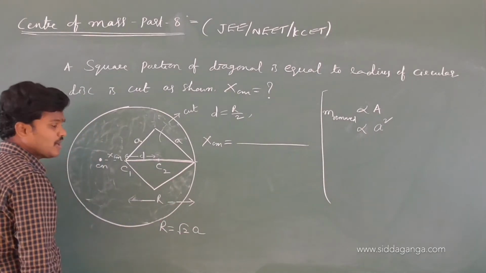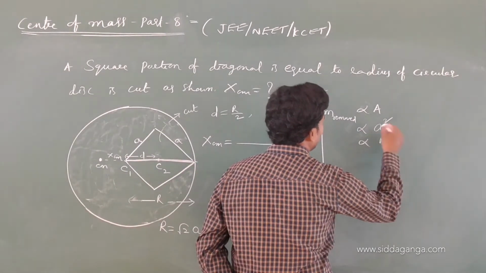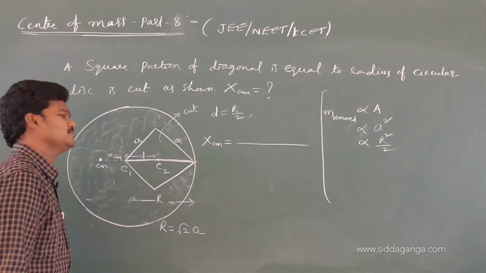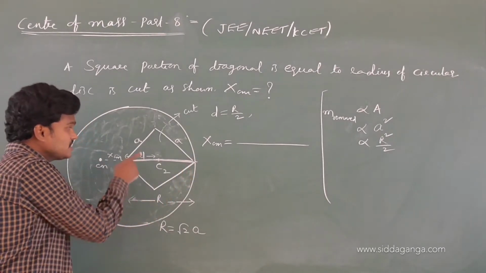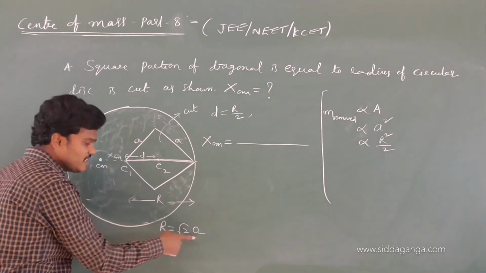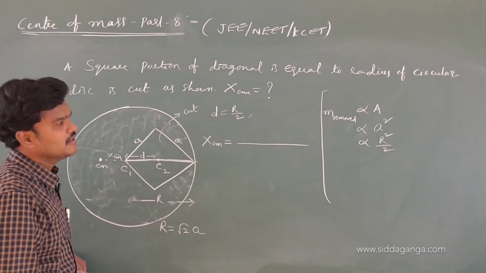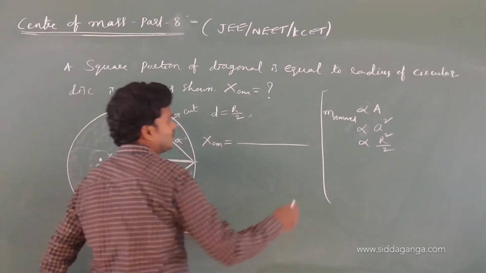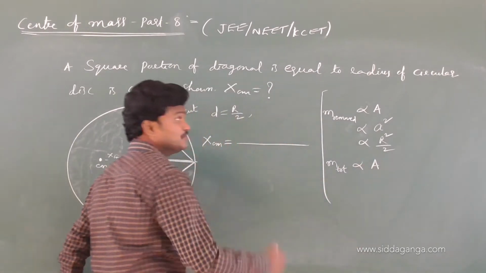A is equal to R by root 2. So, in place of A, we can write R by root 2, and squared, so R square by 2. Use simple geometry, very simple geometry. Substitute A as R by root 2 and square, R square by 2. I got the removed mass. Coming to the total mass. Total mass is also proportional to area. See, I am using area.